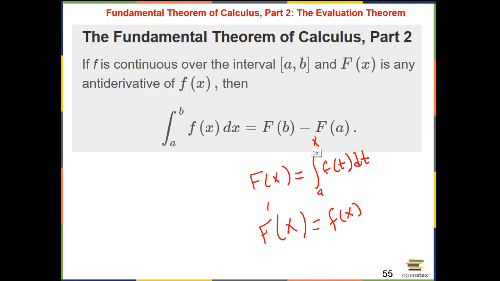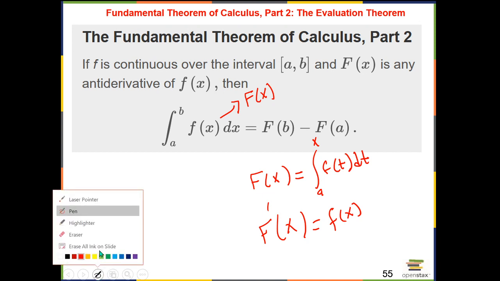Just put the x here. That's part 1. Part 2 says that if we have a definite integral, we can actually evaluate it using the antiderivative of f of x, which is capital F of x. So if I know the antiderivative of f of x, I could just evaluate this easily by doing this.